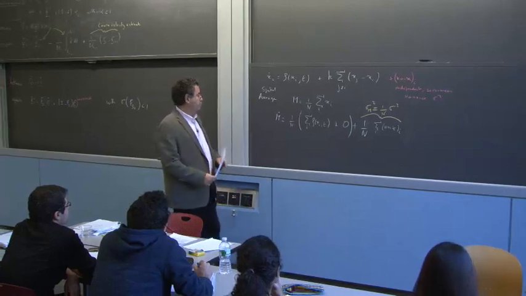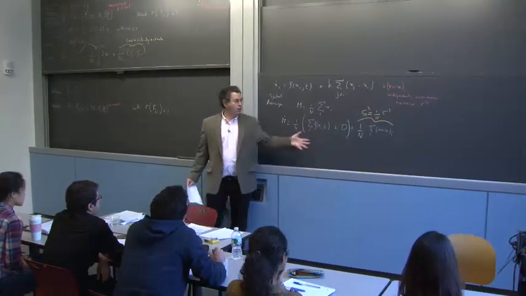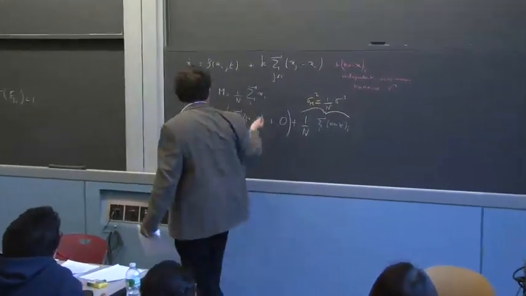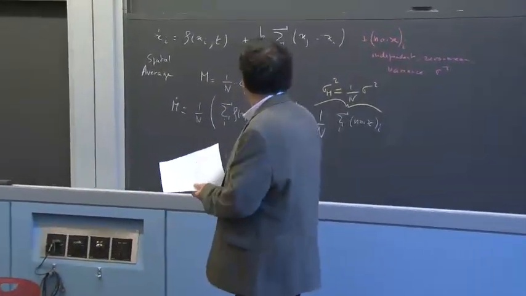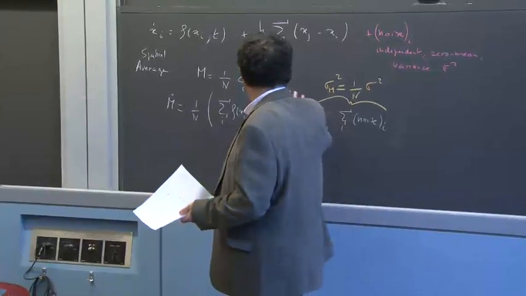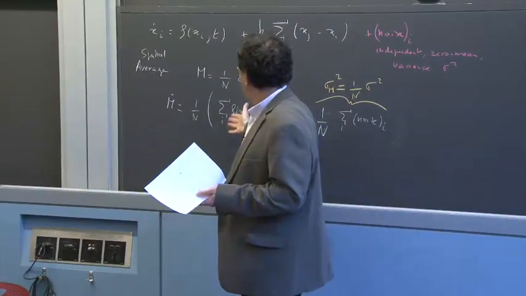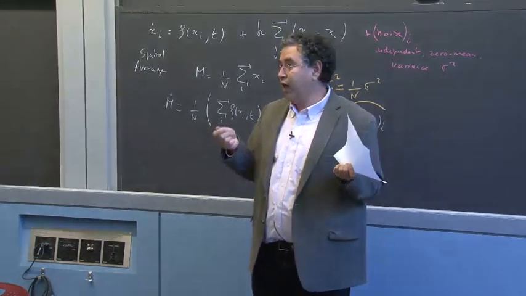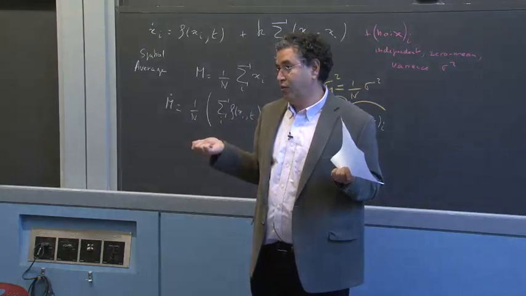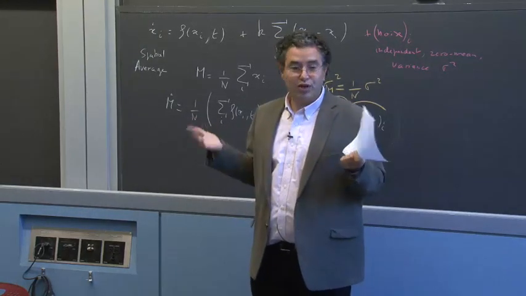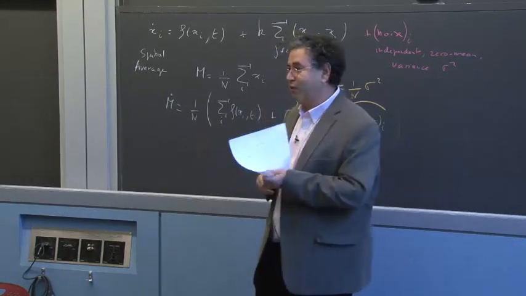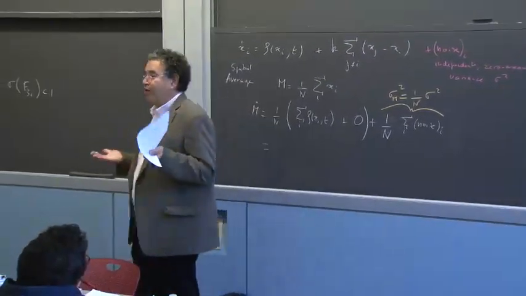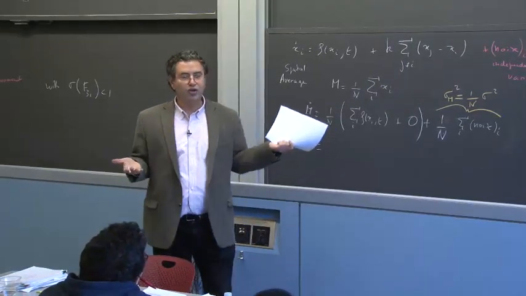Now, what can we say about how it relates to this? Well, it's not very easy to see, because we have the sum of f, and what we would really like is f of m, f of the mean. After all, if this mean is supposed to be a good estimate of the xi's, we would like to have f of the mean. Well, we can do that by adding and subtracting f of the mean to this equation.